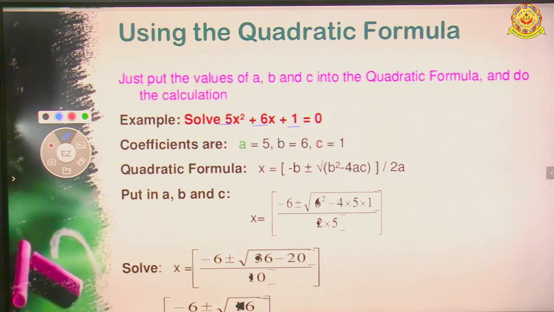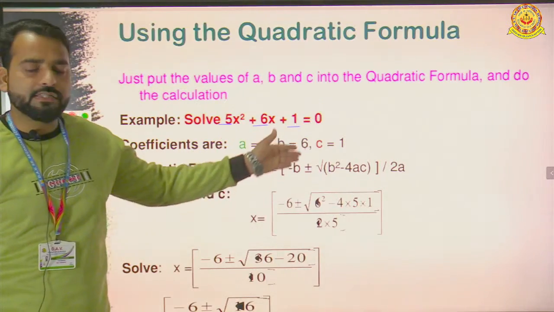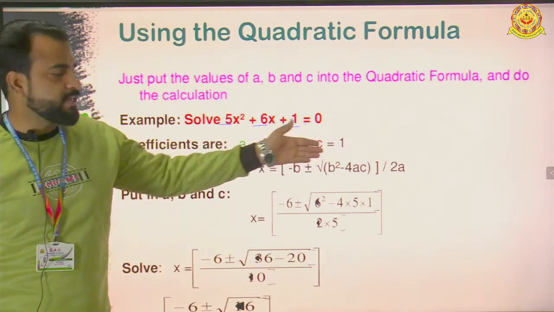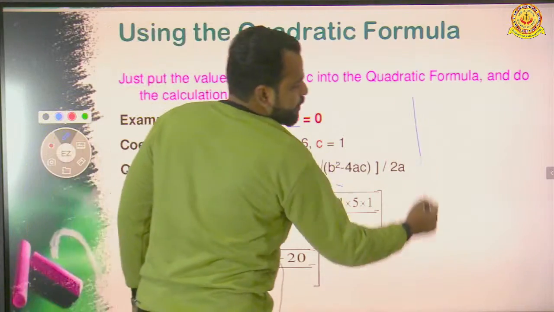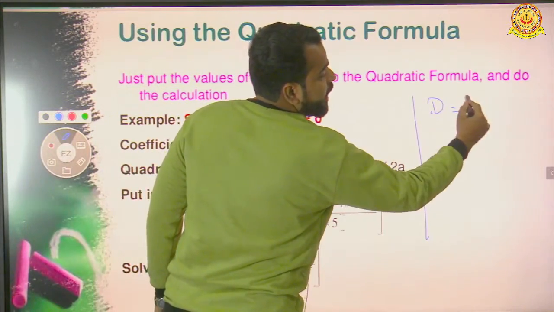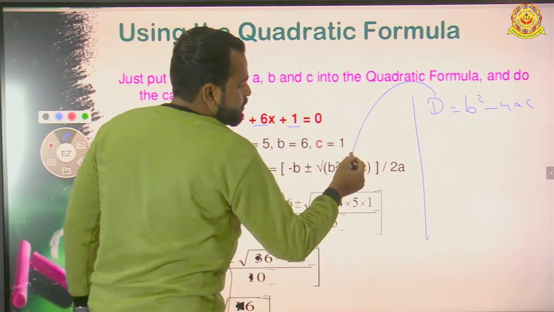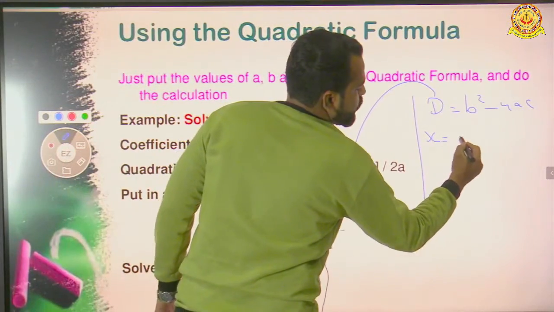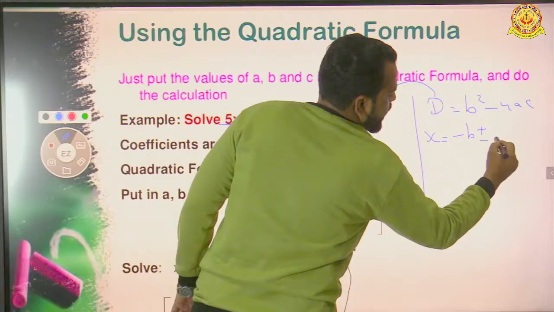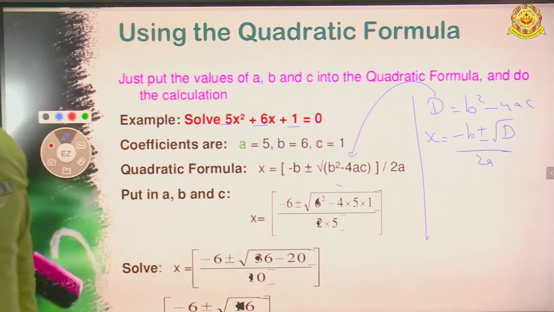So now what is the formula? Formula is x is equal to minus b plus minus under root b square minus 4ac upon 2a. You can find this b square minus 4ac separately, as you can find the discriminant b square minus 4ac, and then you can put the direct D value here. So in that case, your x root value will be minus b plus minus under root D upon 2a. Then the formula will become slightly short.